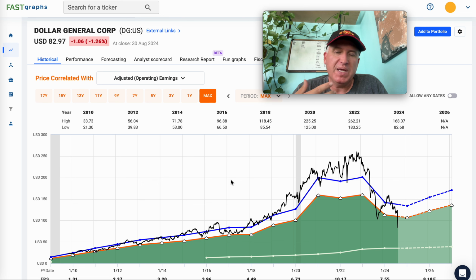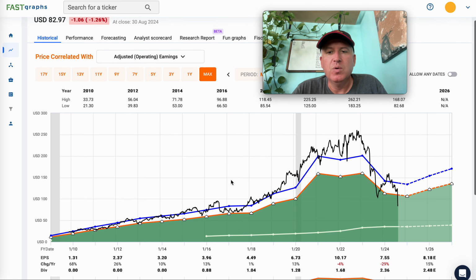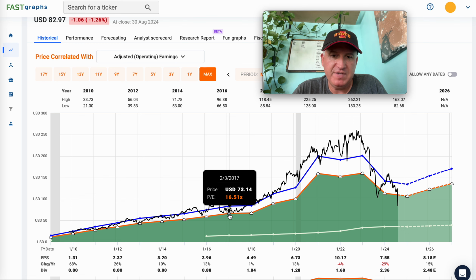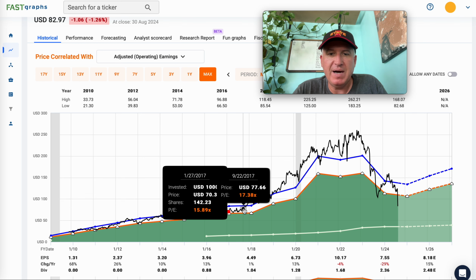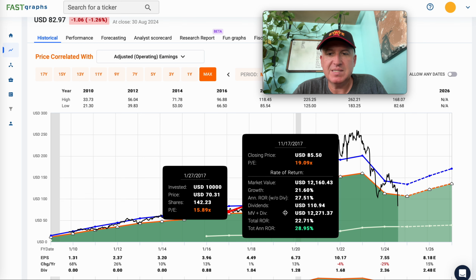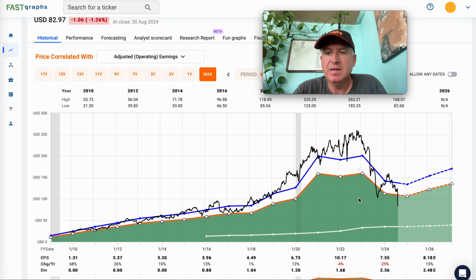So I became cautious about assuming that we would get back to that type of environment, because really what you're saying is, in average times, this is what the market usually treats this as PE-wise, like an 18 PE. So if it dips below that down to like 15 or 16, that could be a good time to buy. And then if you hold until it gets back to average, you can make some money.